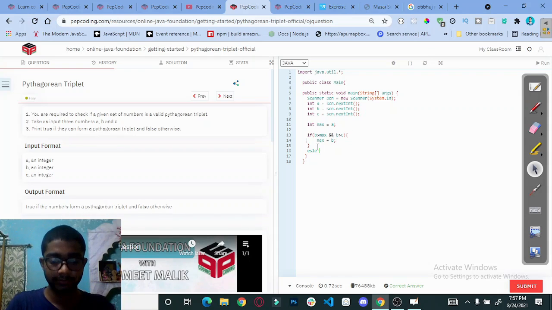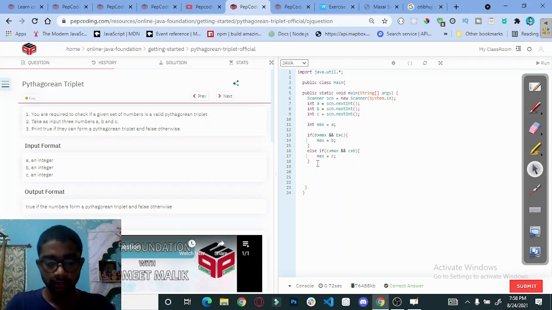Now else if the value of c is greater than maximum and the value of c is also greater than the value of b, then the maximum number will be c.